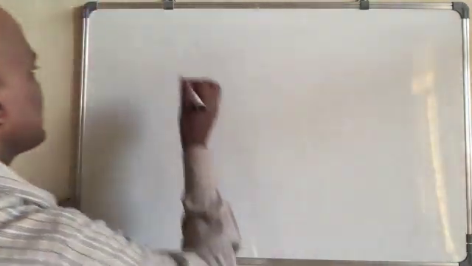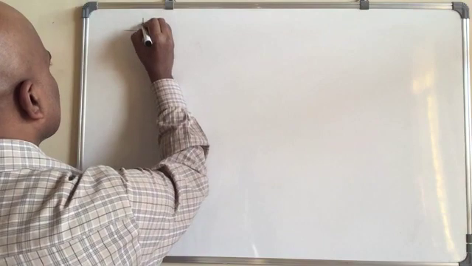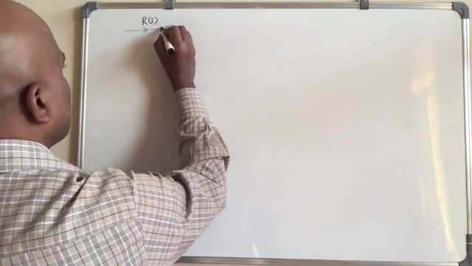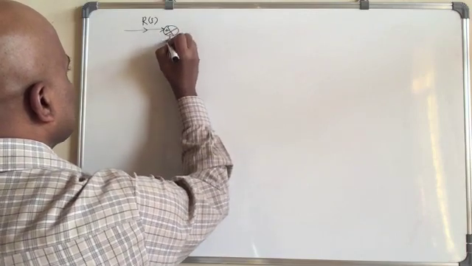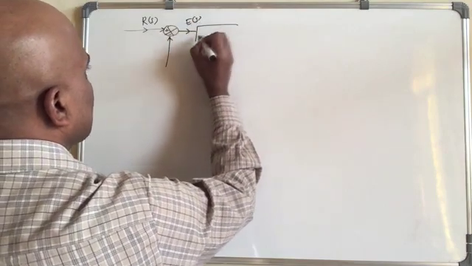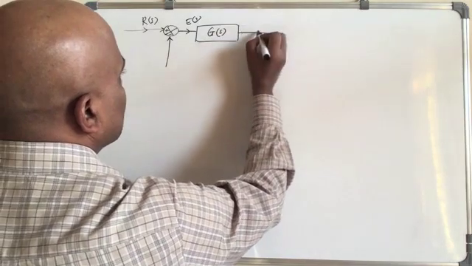So according to that, remember that if this is RS, then we have like this, minus here, plus here, and here the ES term, and let's call it GS, and it goes like this.